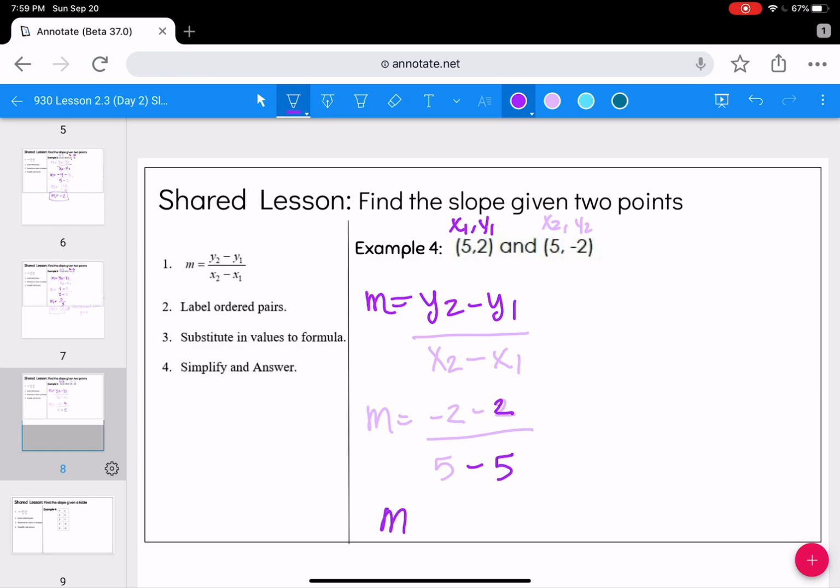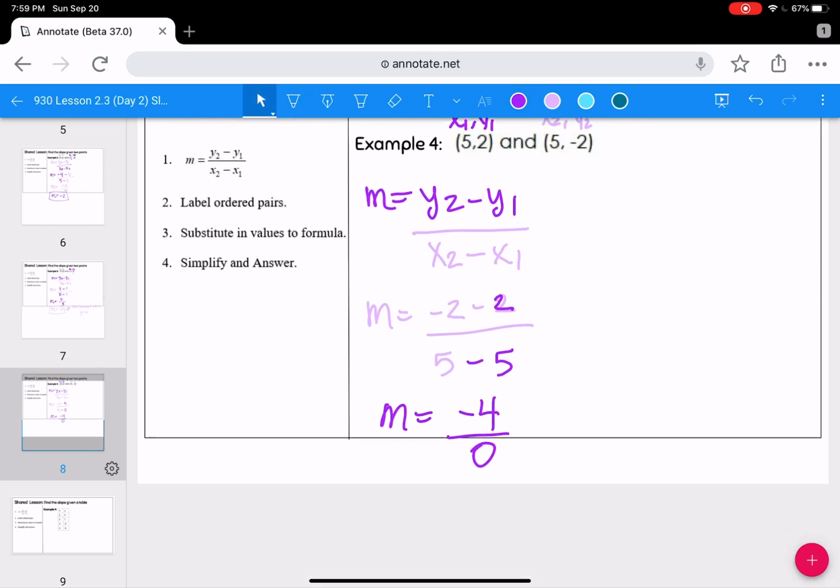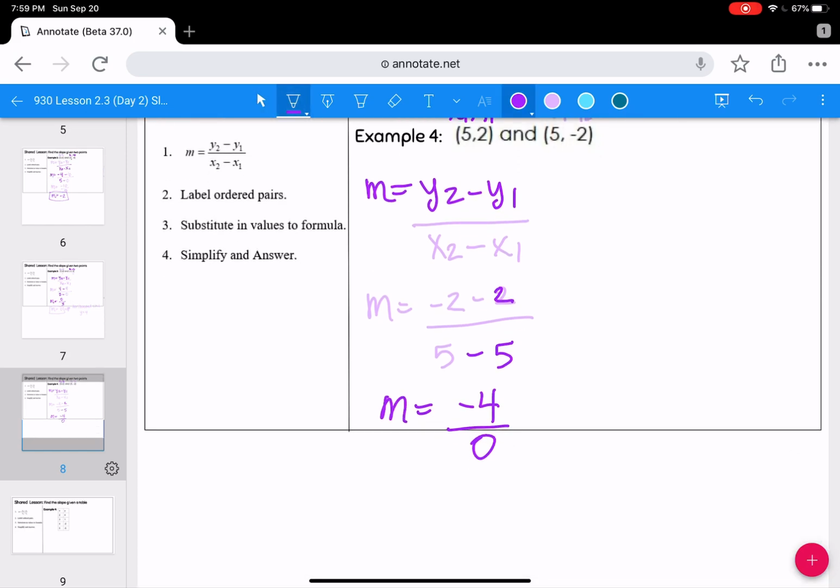So now we have m is equal to -4 in our numerator and 0 in our denominator. 5 minus 5 is 0. Now, if you have a 0 in your denominator, that is not okay. If you plug that into your calculator, it would say error. So if you remember from yesterday, if we have a 0 in our denominator, we call this slope undefined.